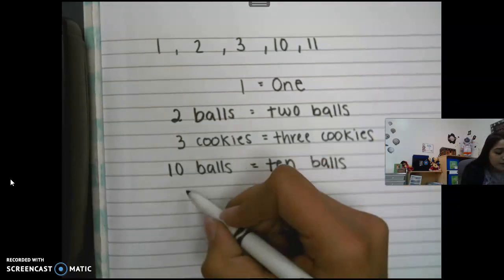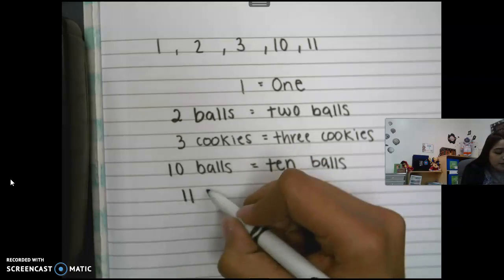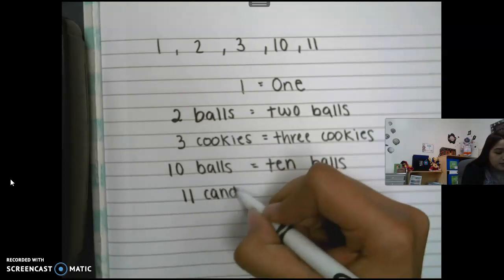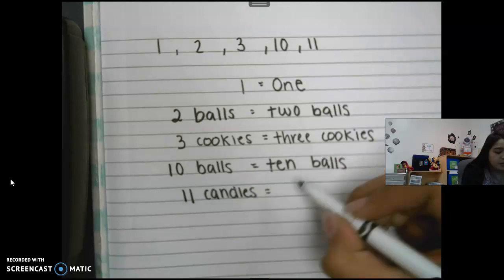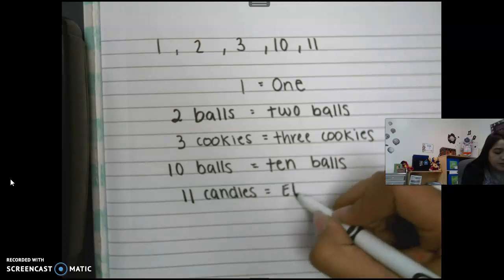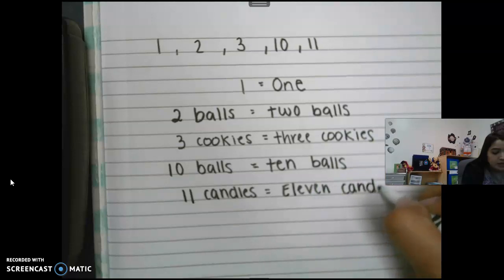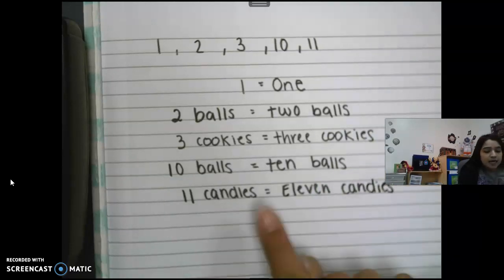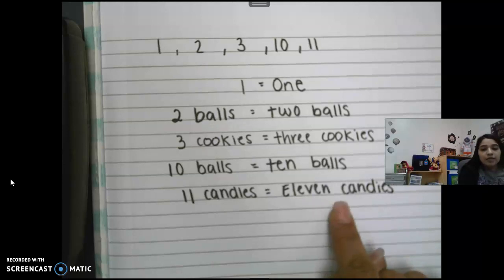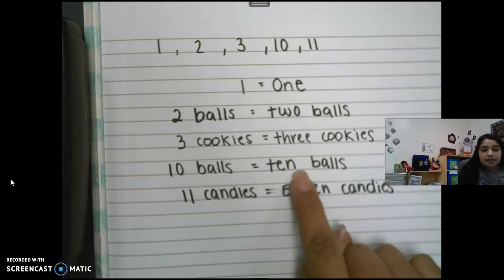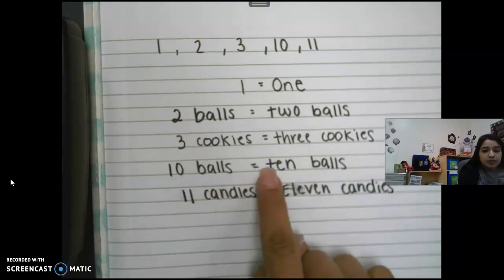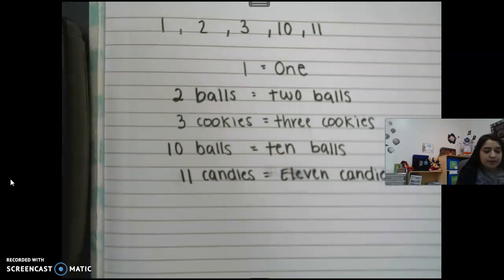Or if you have 11 candies, you may also see in a word problem eleven candies. So you just sound out how the word eleven sounds or how the word ten sounds. So these two are the same, they're just written differently.